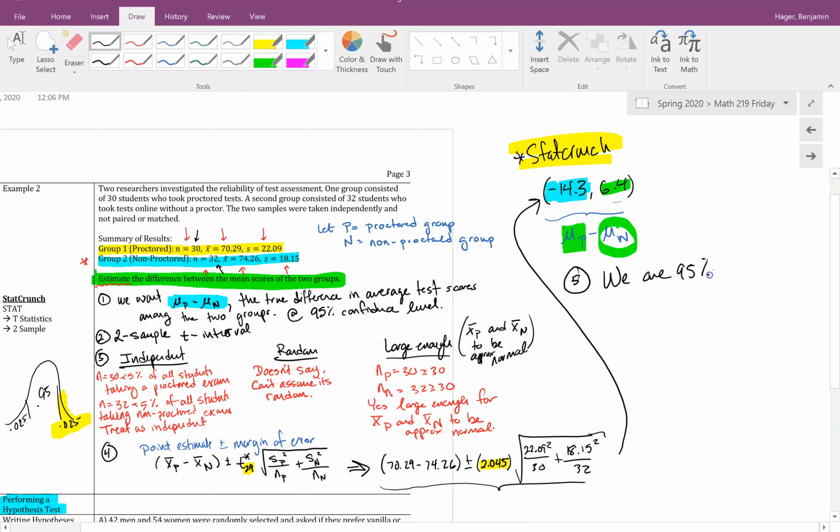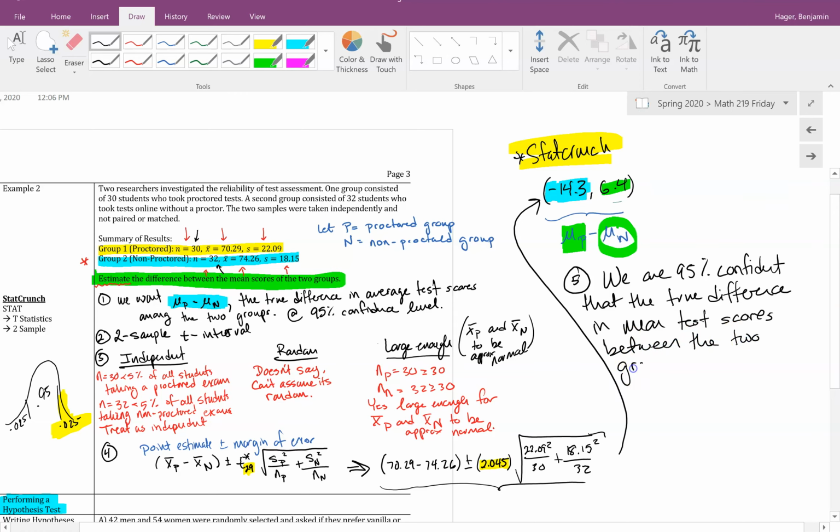We are 95% confident that the true difference in mean test scores between the two groups is between negative 14.3 and 6.4. All right. Okay.